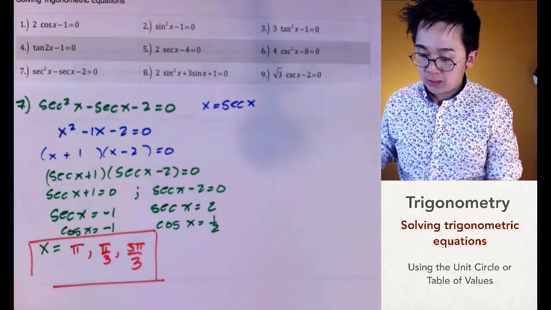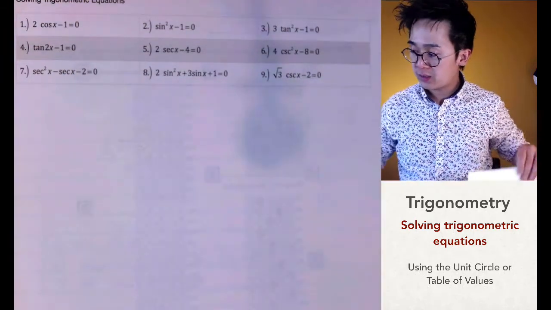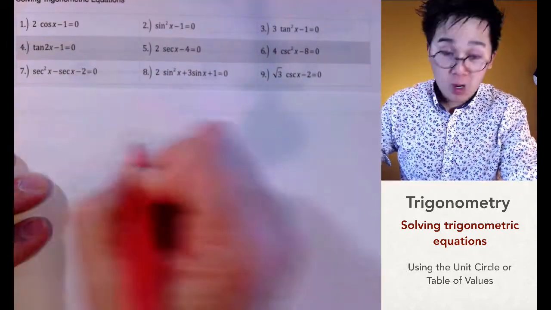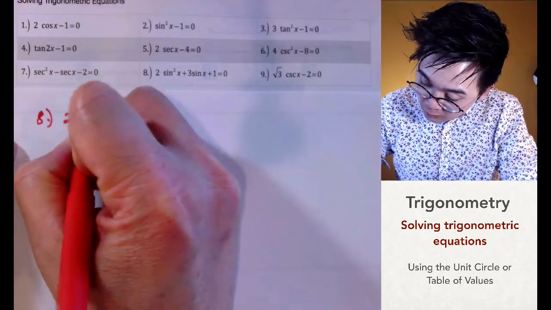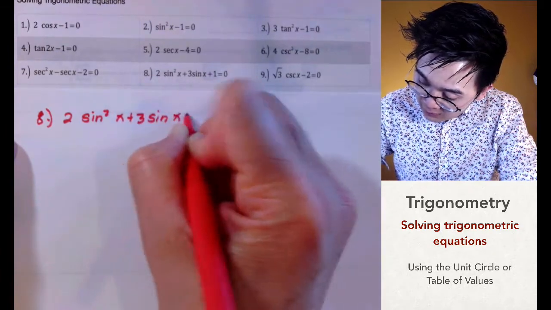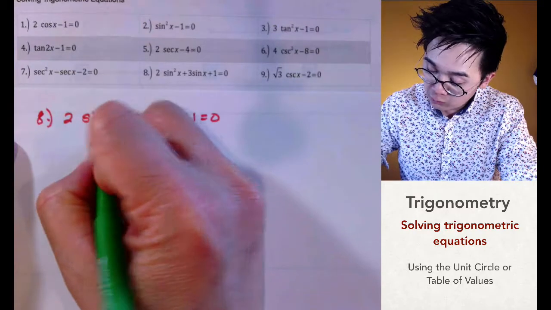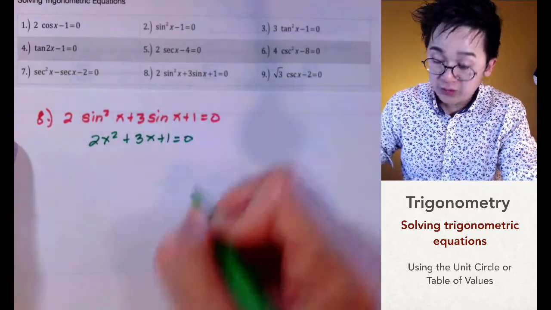And for problem number 8, it's another algebraic equation that we're going to modify. So we have 2 sine squared x plus 3 sine x plus 1 equals 0. We'll change it into 2x squared plus 3x plus 1 equal to 0.